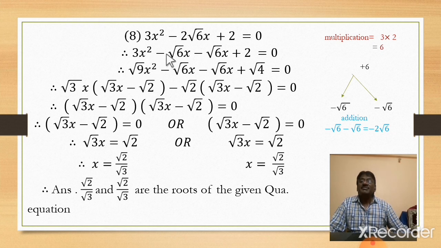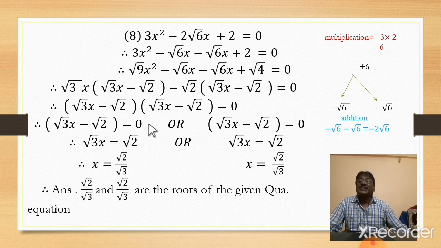That term becomes root 9x square minus root 6x minus root 6x, and in the same way here also we take 2 in root, then it becomes root 4. Therefore now the equation is root 9x square minus root 6x minus root 6x plus root 4.